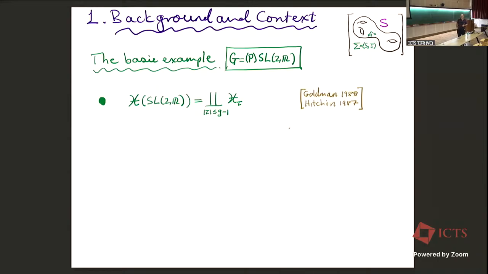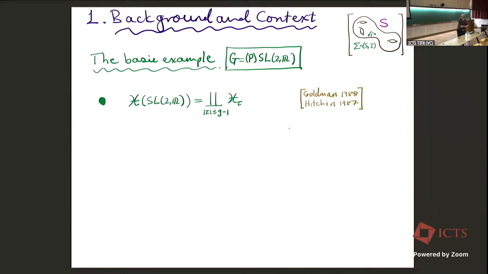one of the standout features is that the moduli space has many components. This goes back to Bill Goldman and Nigel Hitchin's descriptions of these from different points of view. The components are labeled by an integer, which is either an Euler number or a Toledo invariant, depending on your point of view.